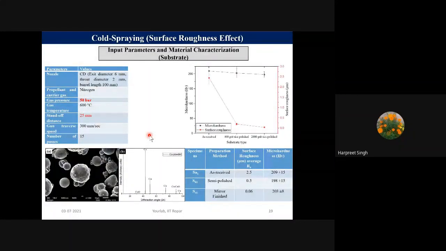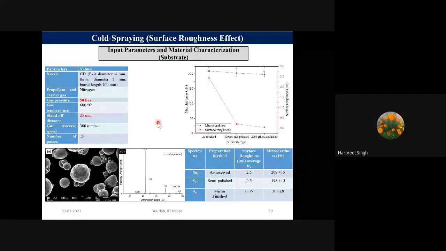Even at that time our system was not in place, so we took help from GE to deposit these coatings at 50 bar. You can see 50 bar is the critical point here. Pressure has been increased tremendously: earlier it was 15 bar, now it is 50 bar. And the gas temperature was also high here, and then we could deposit these coatings.